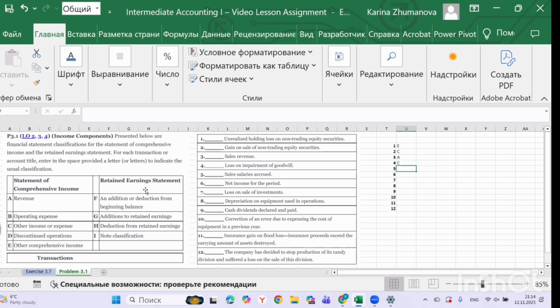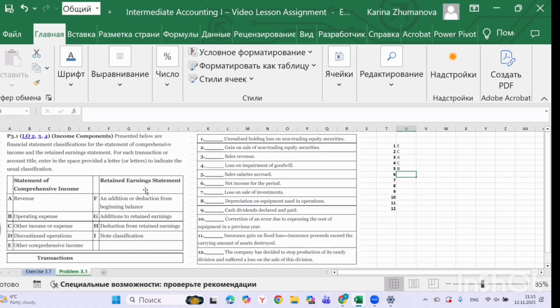The fifth one, sales salaries accrued. Salaries earned by the company's workers. So it's operating expense, it's B. Operating expense because it's regular payments to our workers for their work. So it is the salary expense.